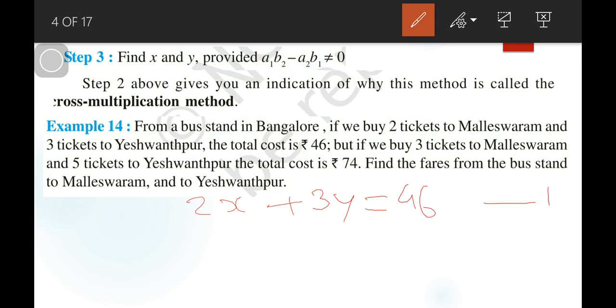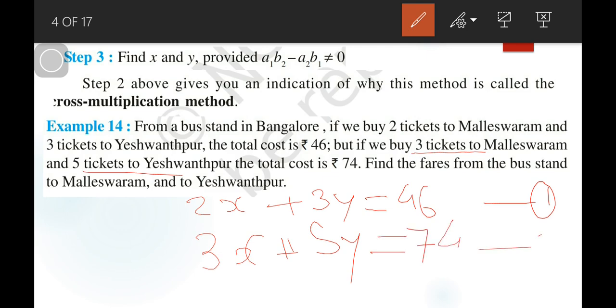It is equation number 1. As well as from the next line, 3 tickets for Malleshwaram and 5 tickets for Yeshwantpur, the cost of 5 tickets is 5y, which is equal to 74. It is equation number 2.